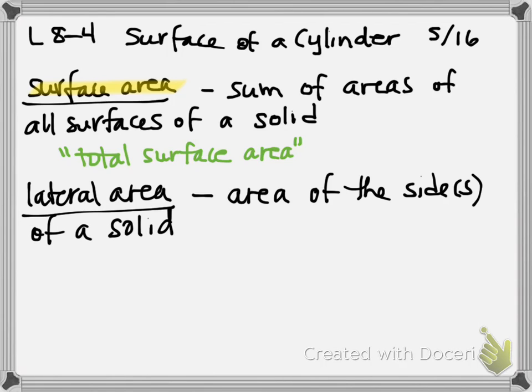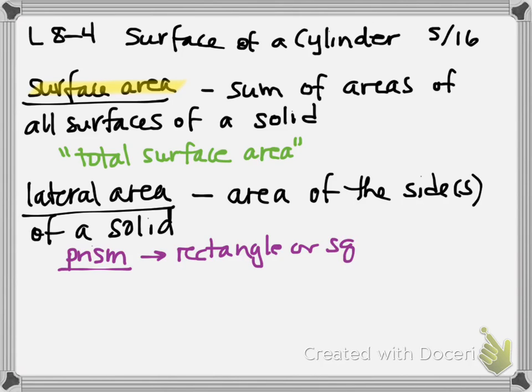And the reason why I do that is when we looked at, in the past, you've looked at prisms and you've looked at pyramids. Well, with prisms and pyramids, you had specific shaped sides. So in general, on the prism, you had rectangular or square sides.